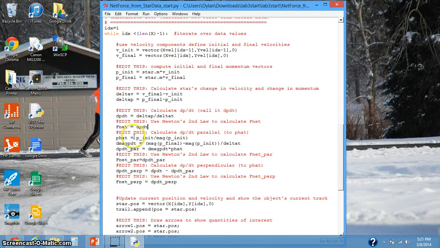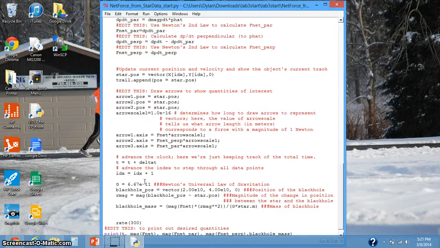P hat was multiplied by the magnitude of dp dt in order to find dp dt parallel, which we set equal to Fnet parallel. Through vector addition, we were then able to say that dp dt perpendicular is equal to dp dt minus dp dt parallel, and again we set this one equal to Fnet perpendicular.